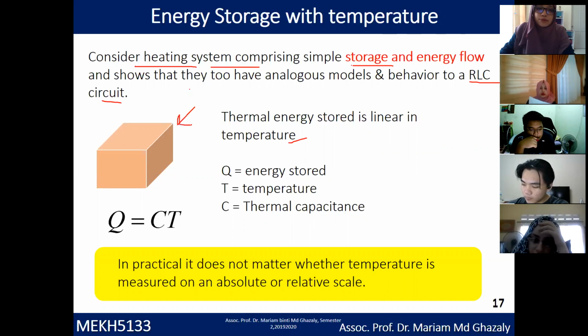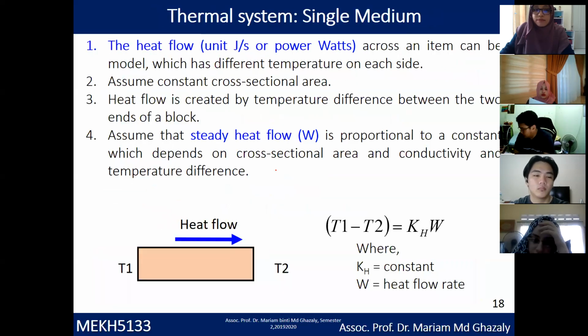So we have a medium, like a material, for example made from solid steel. You can measure the energy stored in that material. Q is the energy stored, equivalent to C, the thermal capacitance, dot T, the temperature. This is the general equation. Similar to the fluid system, we are going to look at how heat flows through a medium.